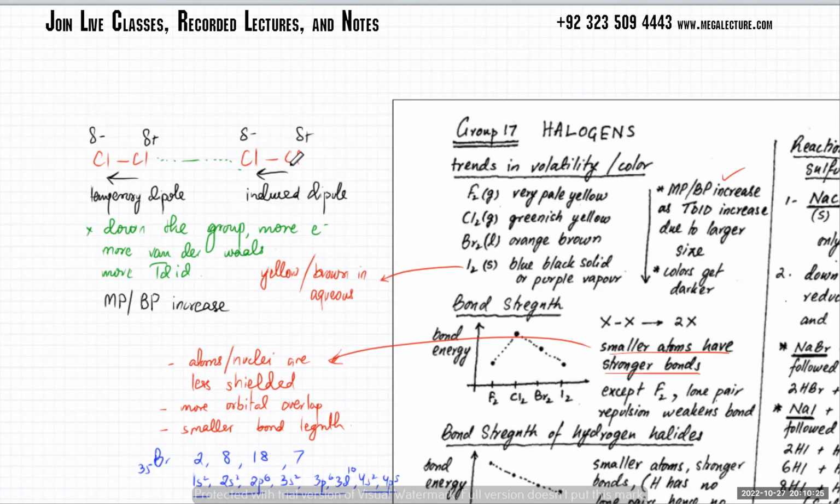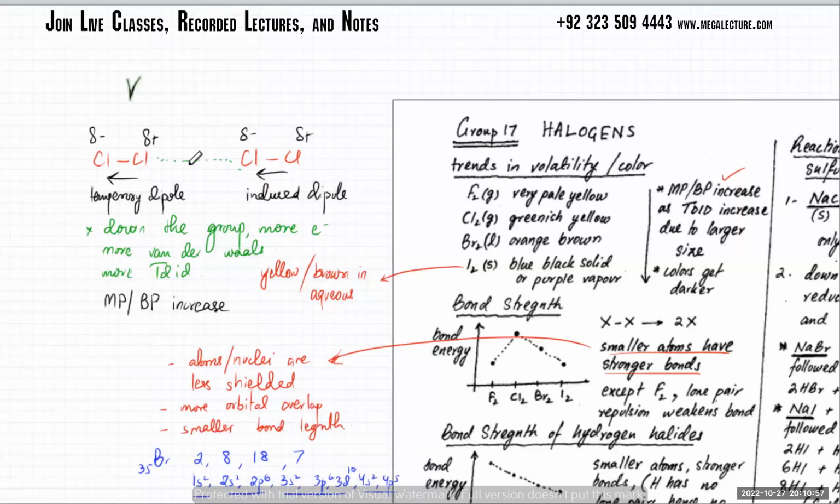They're evenly distributed, but due to random collisions, the electrons at one instant might be on this side, at another instant on the other side. So there's going to be temporary dipole-induced dipoles or instantaneous dipoles. The positive side of one molecule will attract the negative side of the other molecule, and that's van der Waals forces.